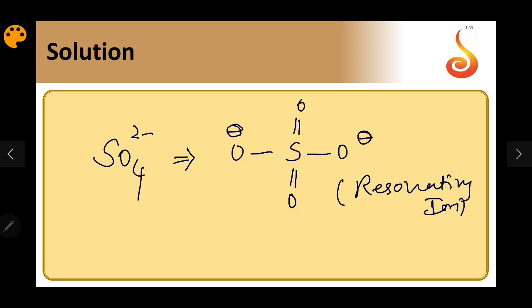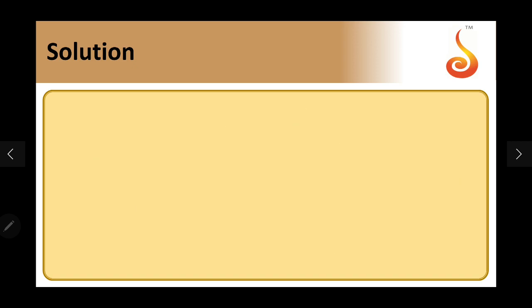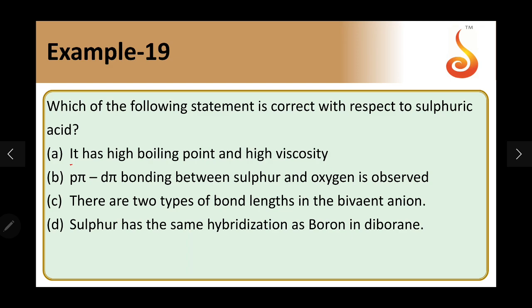We can write 6 structures and all of them contribute equally, and actually in the sulfate ion all bond lengths are exactly equal and all bonds are identical. So that is a wrong statement again. This is correct, this is correct, this is wrong.